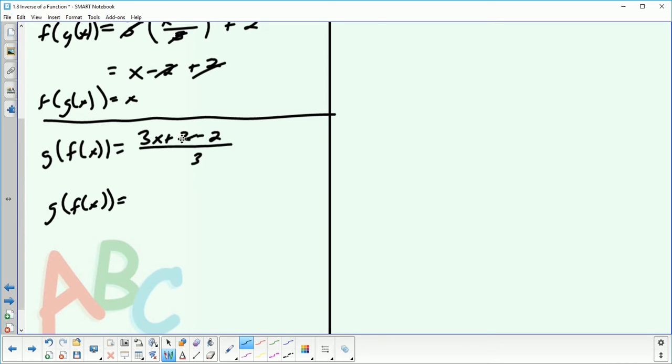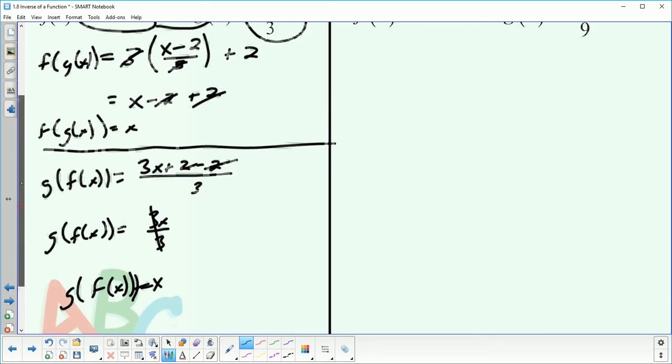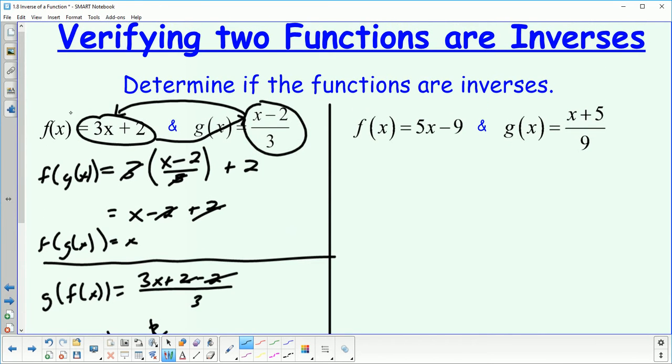So our 2's will cancel out. We have 3x over 3, and now our 3's cancel out, and so we get g of f of x equal to just x. So these two, since they both simplified to just x, are indeed inverses.